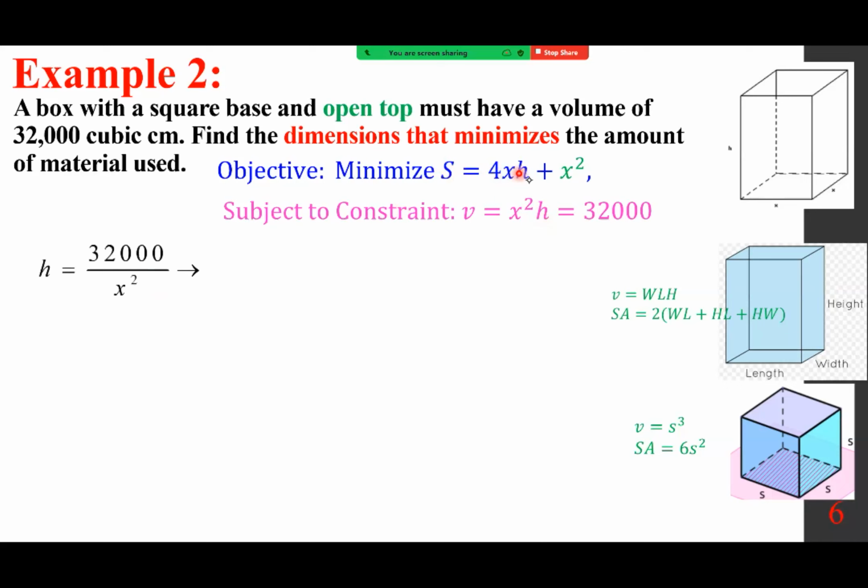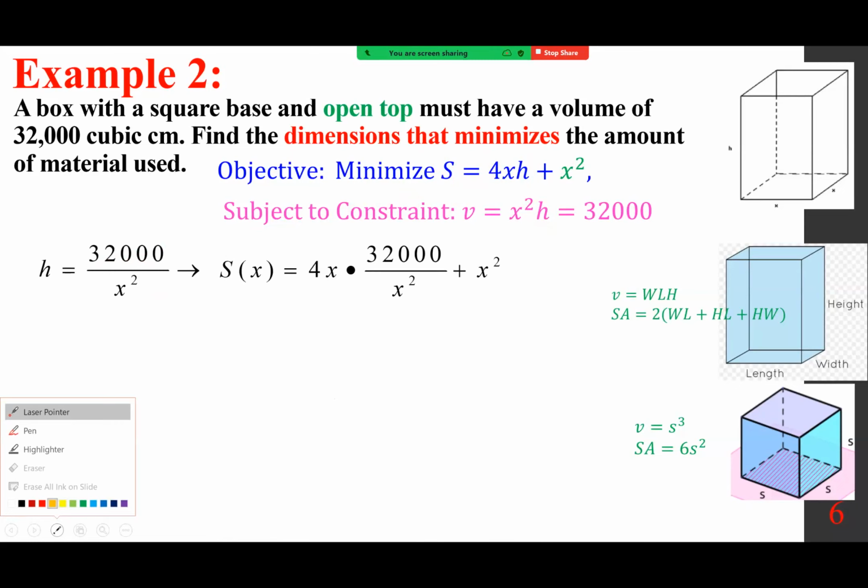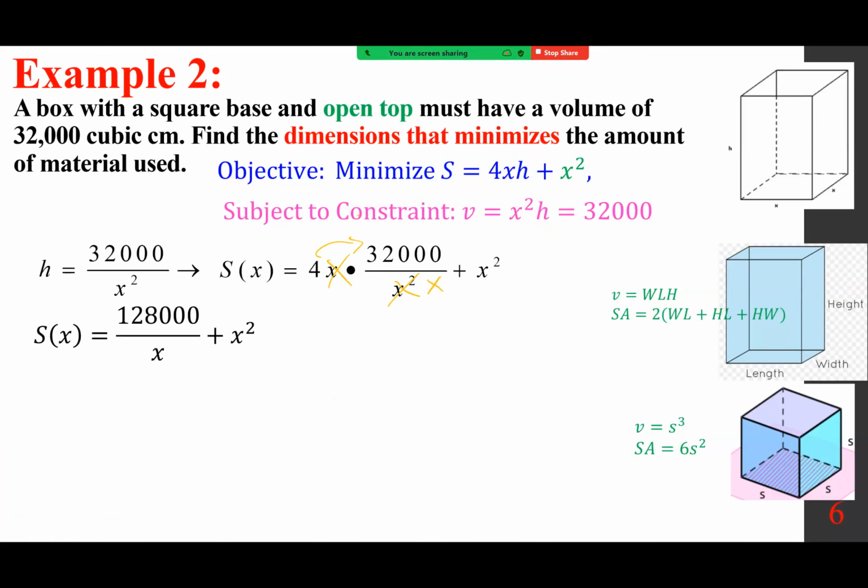You replace the h in this formula with 32,000 over x squared. This goes away, and this changes to x. And then when you multiply 4 by 32,000, you get 128,000. So we have 128,000 over x plus x squared.